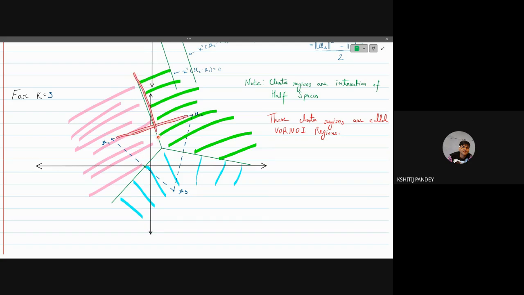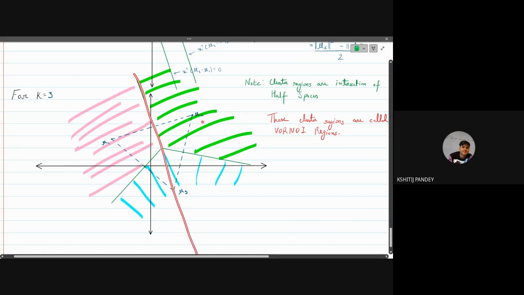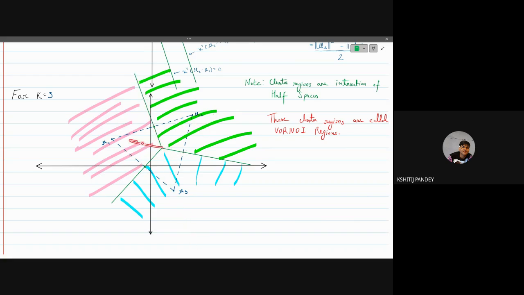This is one half space. Then we find the perpendicular bisector for this, which is another half space. The intersection of the two is your Voronoi region for the cluster of mu1. Similarly, for mu2, we take this bisector and this bisector, which are two half spaces. The intersection of the two will give you your Voronoi region. Got it.